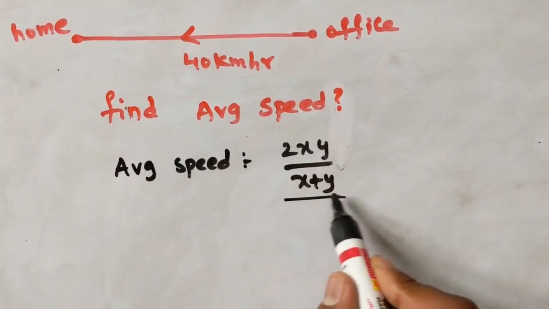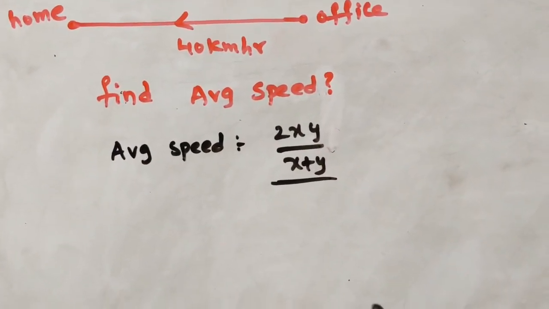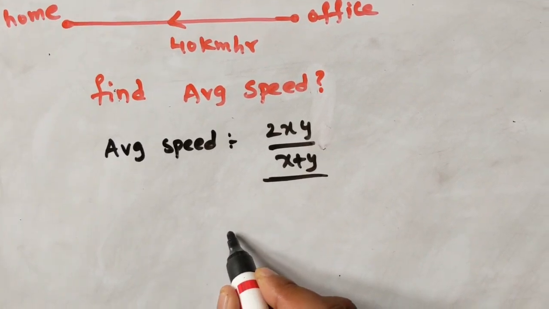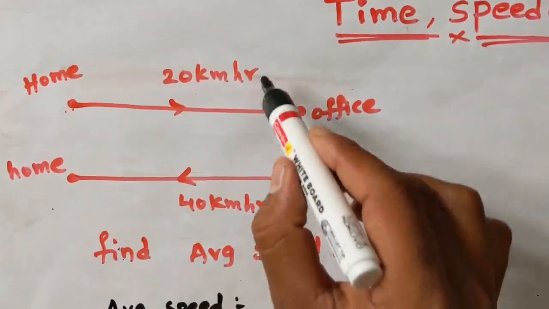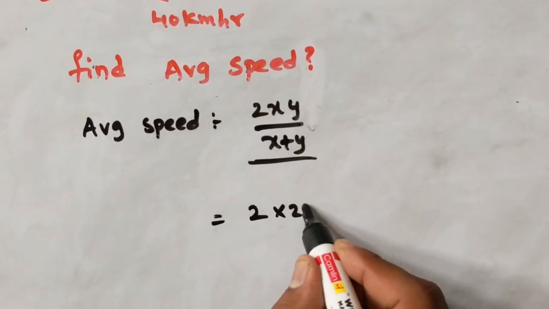This is the average speed formula. Just now we derived it, right? So now average speed is equal to 2xy by x plus y. X means the going speed, so 20 kilometers per hour.